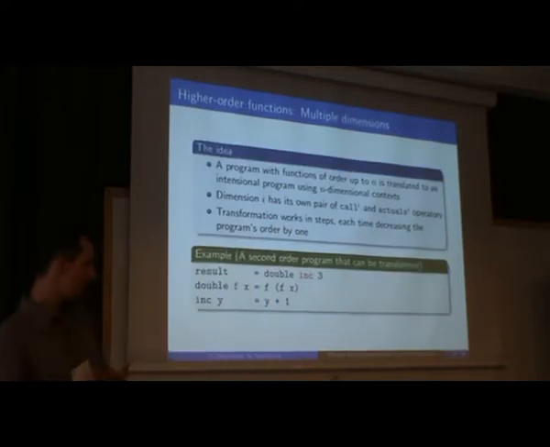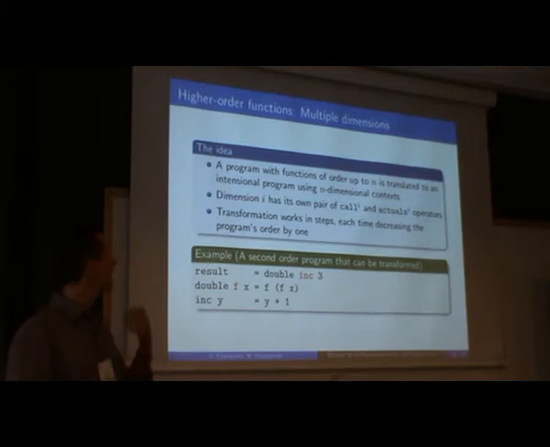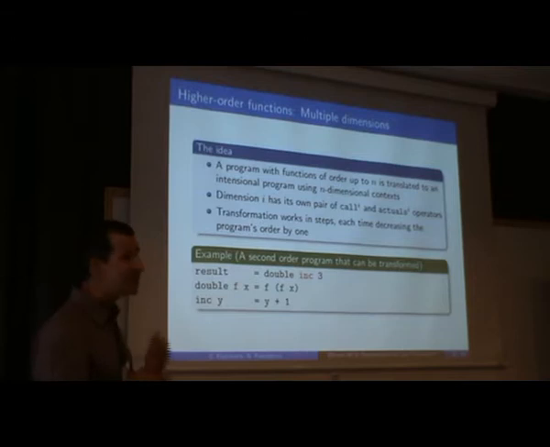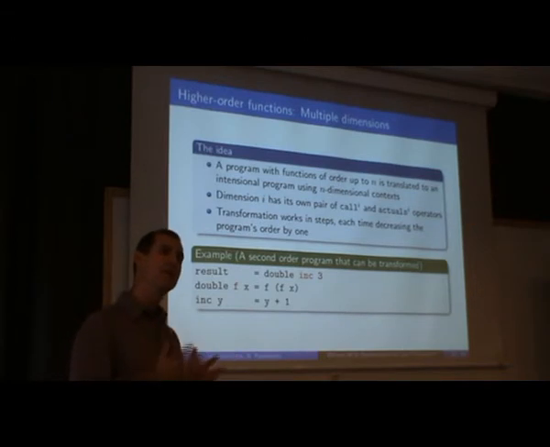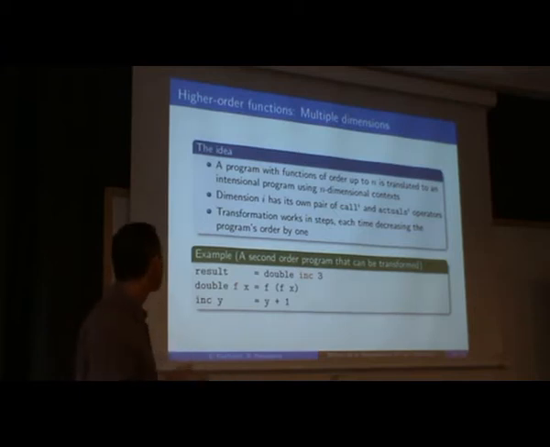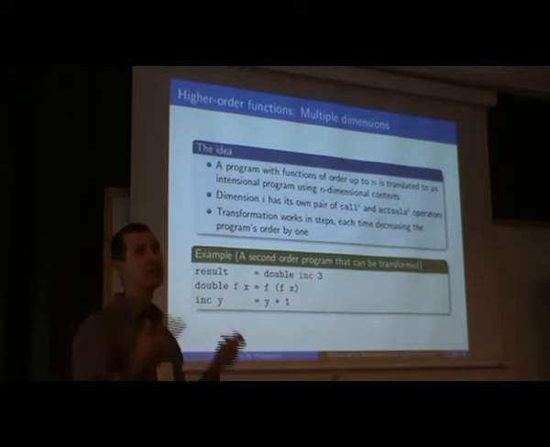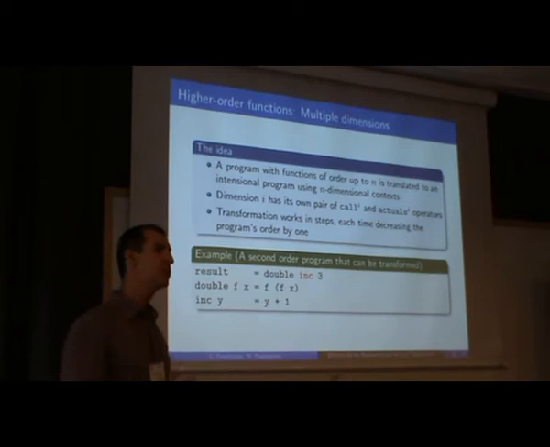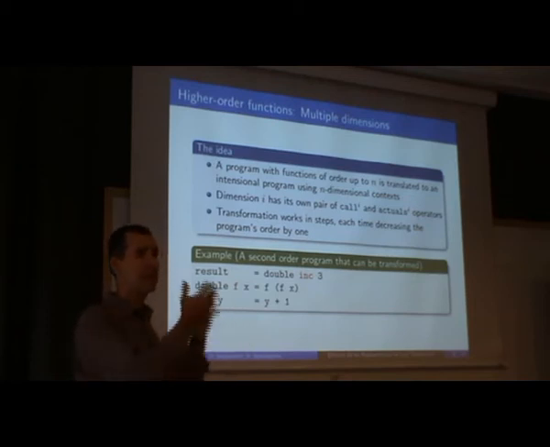And back in the 90s, researchers have shown that this can be generalized to higher order programs, not just first order programs. But the generalization had some complexities and some problems. So the general idea here was that if you have a program with a function of order n, then you don't just need a simple context like the one I showed you.